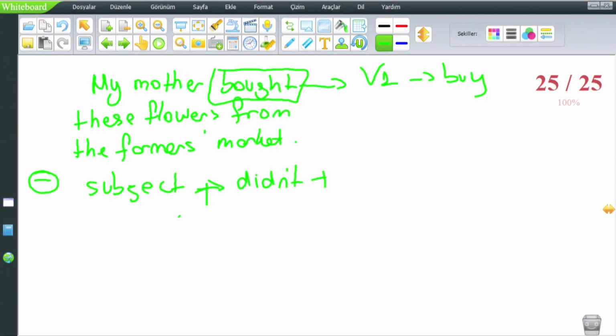And after that, we use verb 1. We only use verb 2 form, past form of our verb, in the affirmative positive sentences. In negative form and in question sentences, we use verb 1 because didn't on its own both gives us the past meaning and the negative meaning.